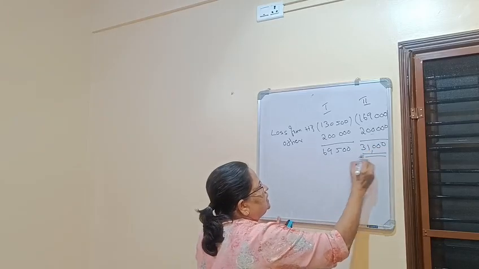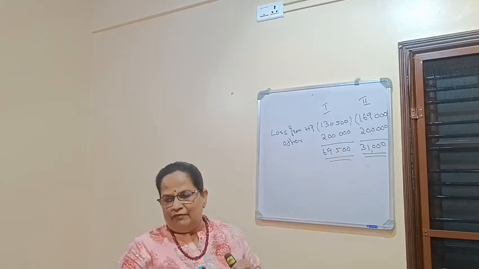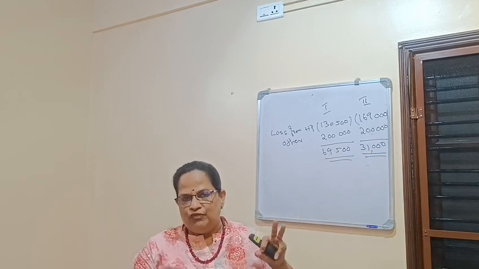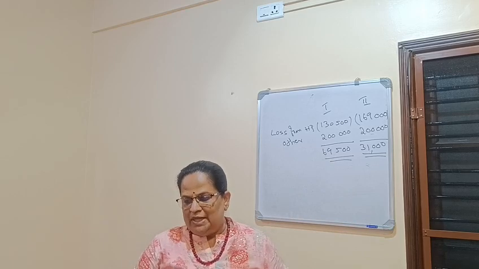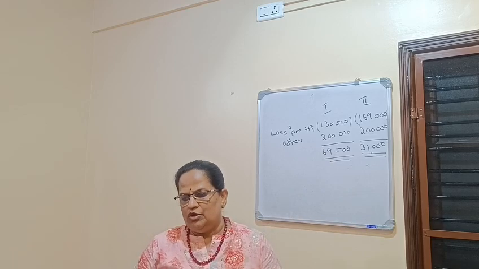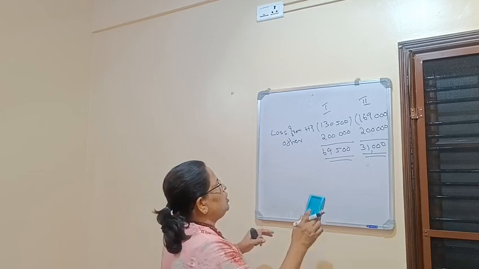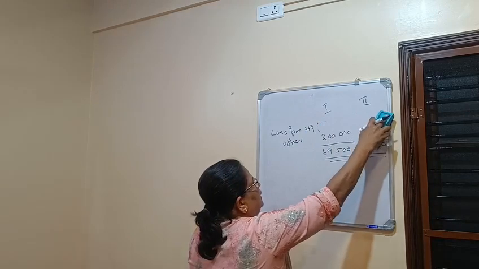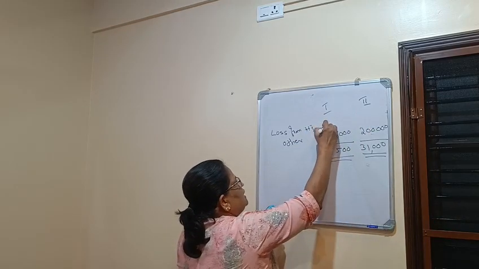So we know that the least income is what we have to accept. That means the second option is to be chosen, that is first house as deemed to be let out and second house as self-occupied. Now if you take option 2, income from house property is 11,000.